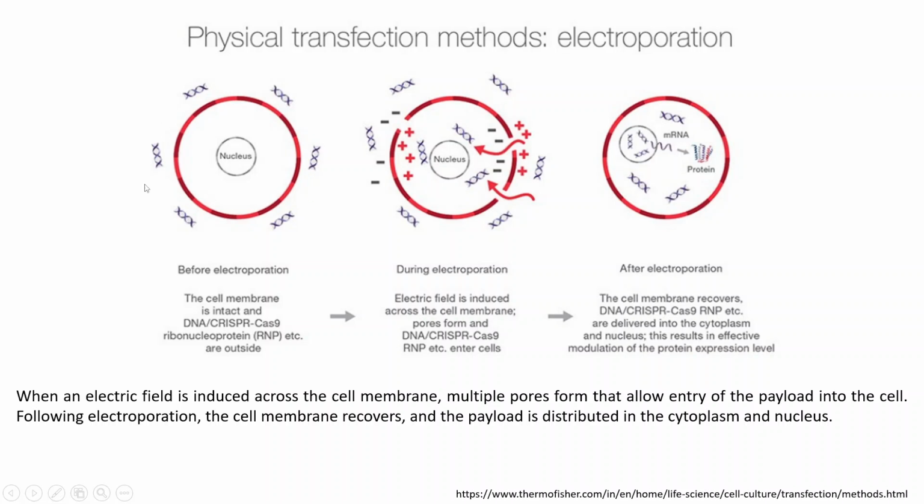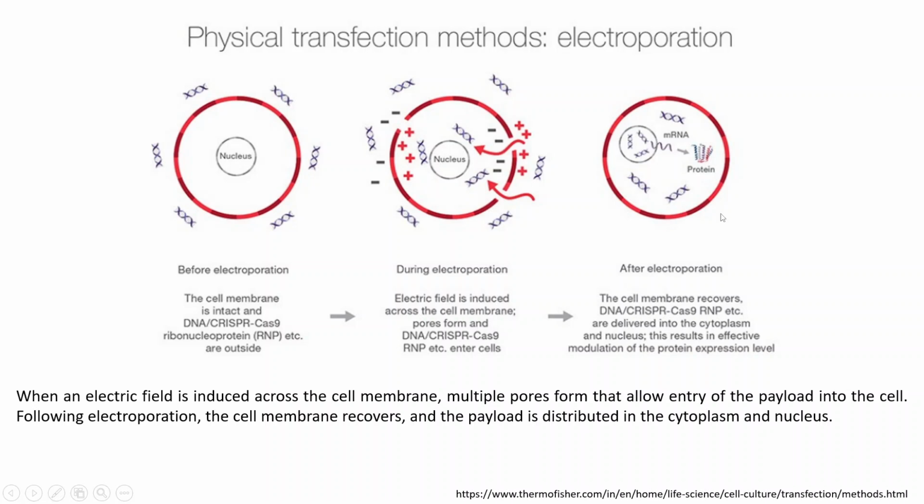So we have the cells in solution along with this DNA or protein or whatever. We apply an electric field across the membrane, either as a pulse or for a longer time, depending on what kind of cells you have or what kind of experiment you want to do. These transient pores form, and this DNA or proteins or RNAs will enter the cell directly, so they're not endocytosed in this case, and then eventually they will be expressed here.